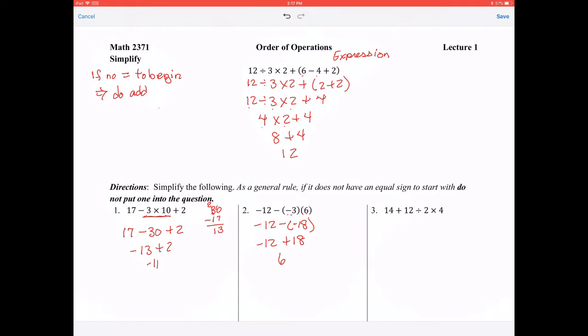Here I'm going to start with division. I like to underline where I start so that I know where I'm starting. 14 plus 6 times 4, so that's 12 plus 24, so that is 36. Ooh, mistake. Anybody find it? I did that and that.